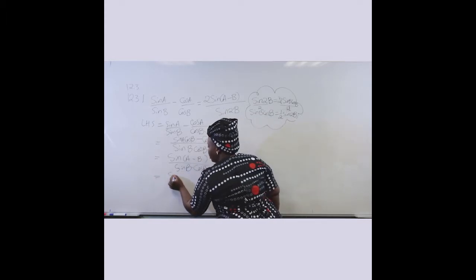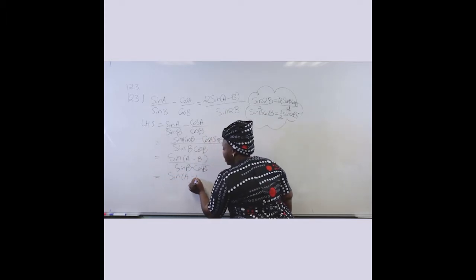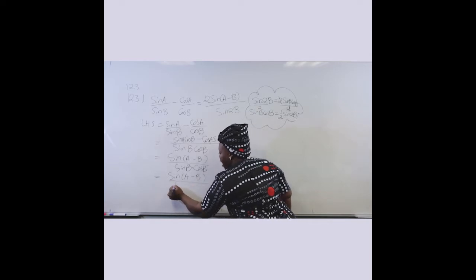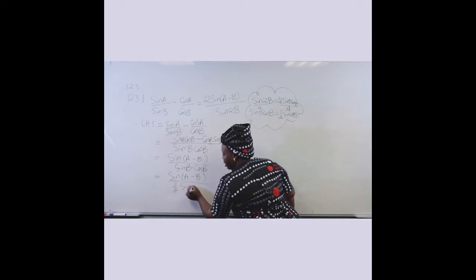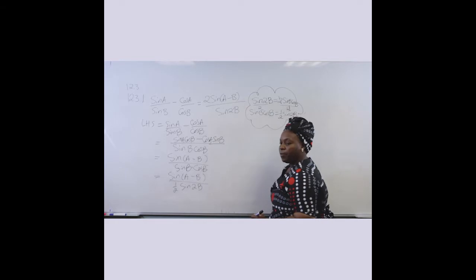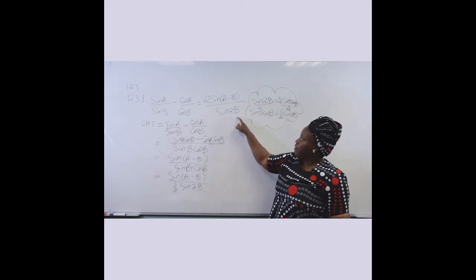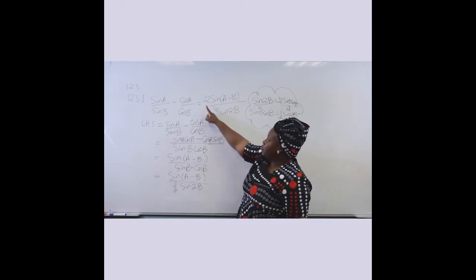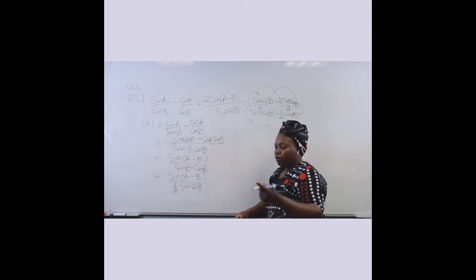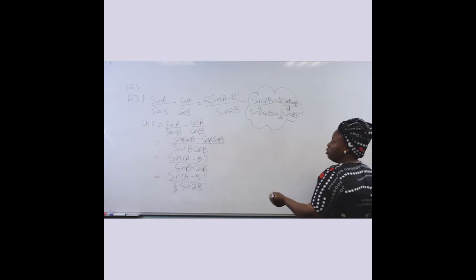This is sine A minus B divided by half sine 2B. Now, if we are having half sine 2B, we already have our 2B, that's what we want. We are left with the 2. This is division. If we flip and times, the 2 is actually going to go up.